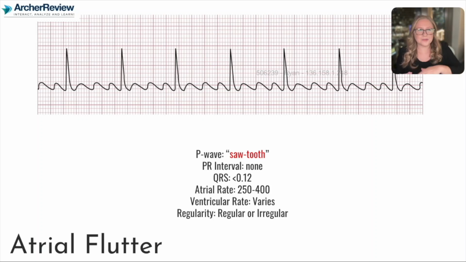If you see the word sawtooth or you see this characteristic pattern on an EKG, you know you're dealing with atrial flutter. We can't very well measure the PR interval because there are so many of these sawtooth waves. What we do see is that the QRS is normal.